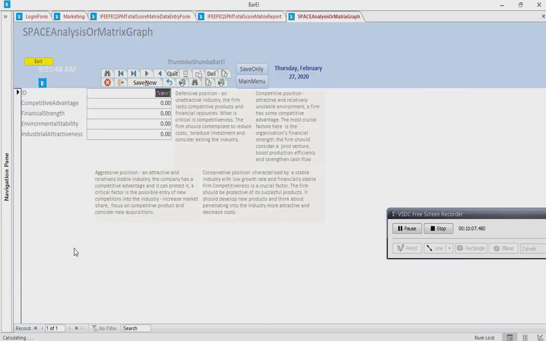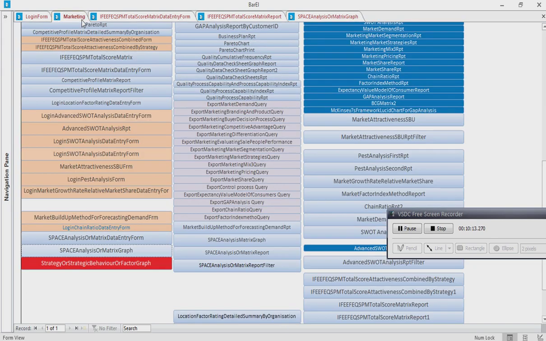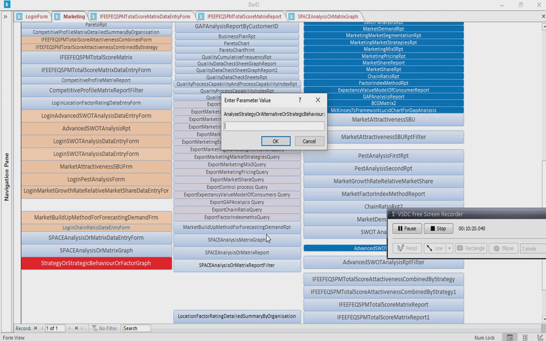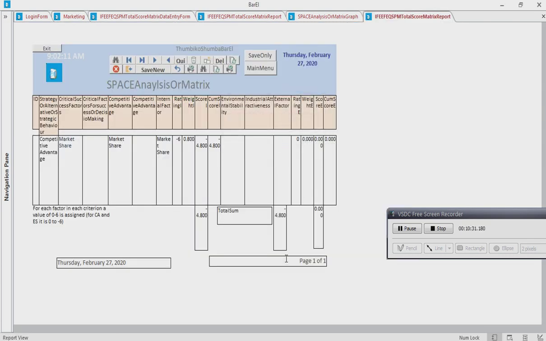This is the report we are going to use: competitive advantage. Total sum is negative 4.8.